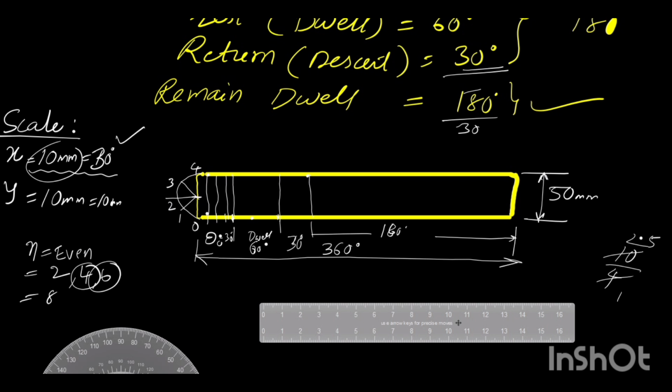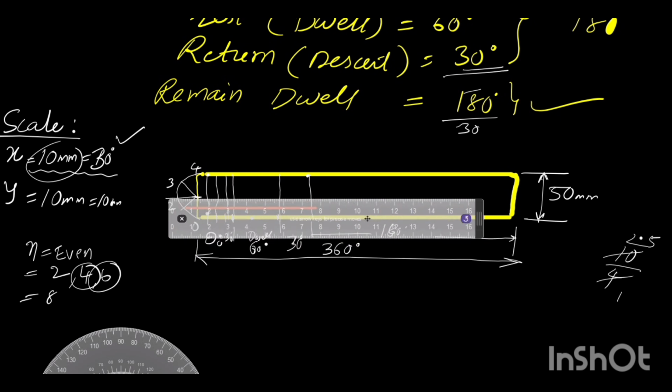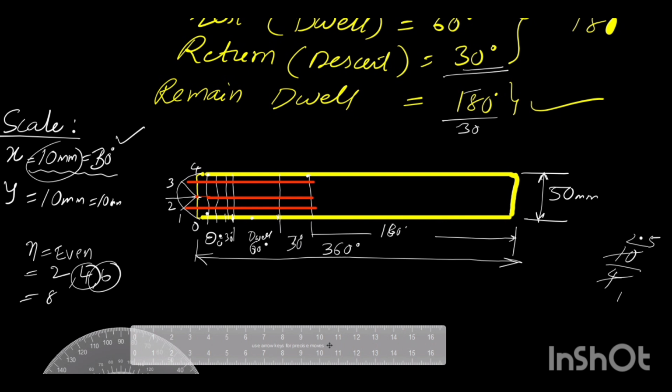Use the scale from this point, fix your point here and take the pencil and continue till the end like this. Similarly, move the scale to the midpoint. From there again take the pencil till the end. Now go to the third point, take the pencil and draw till the end. Okay, so like this.